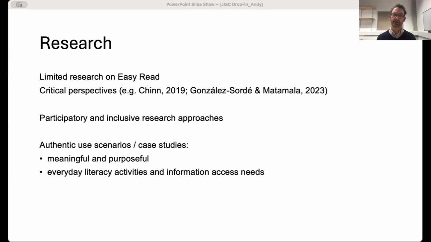I think it is about providing opportunities for experts by experience and where necessary their allies to not only shape how EasyRead and generative AI is produced and used, but also in terms of the development of the technologies themselves.